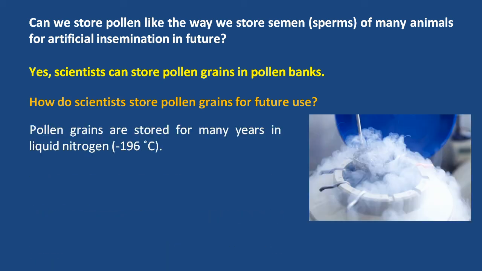Scientists usually store pollen grains in liquid nitrogen at freezing temperature, say minus 196 degrees Celsius. You're shown here with a fridge opened. As it is opened, vapors are coming out. Pollen grains are stored for thousands of years, many years, in liquid nitrogen at freezing temperature of about minus 196 degrees Celsius.